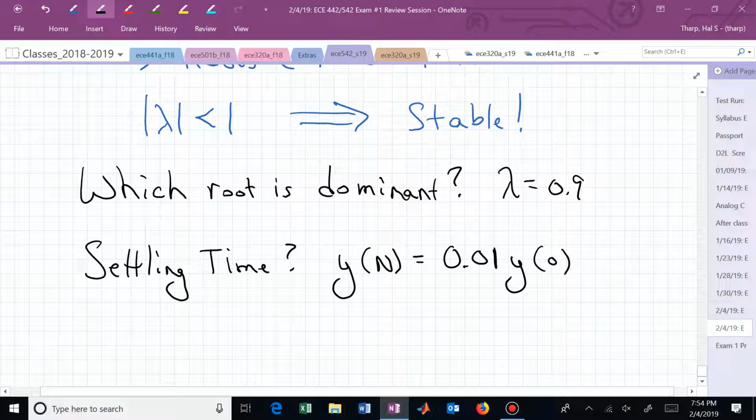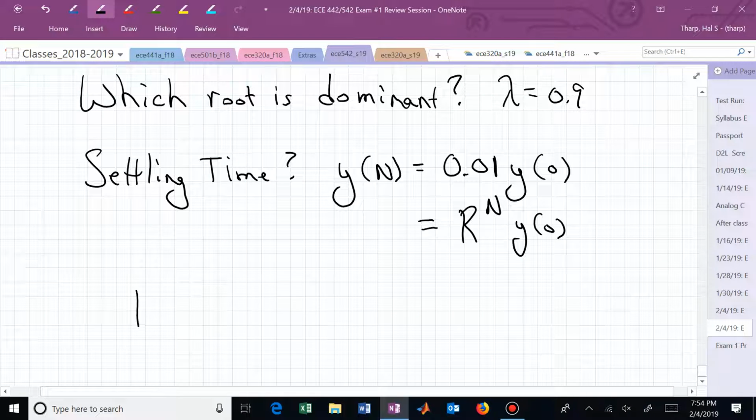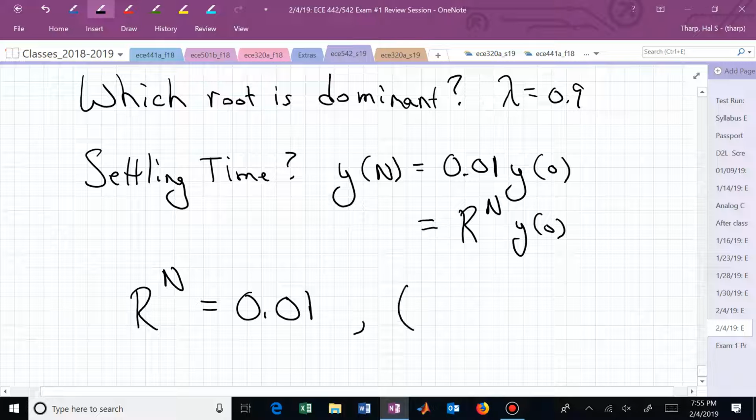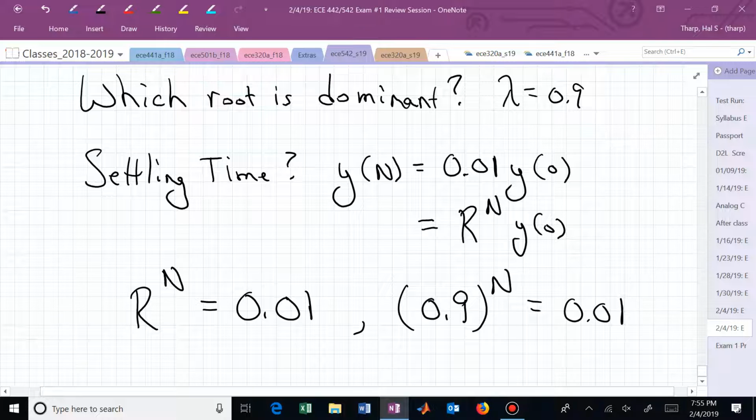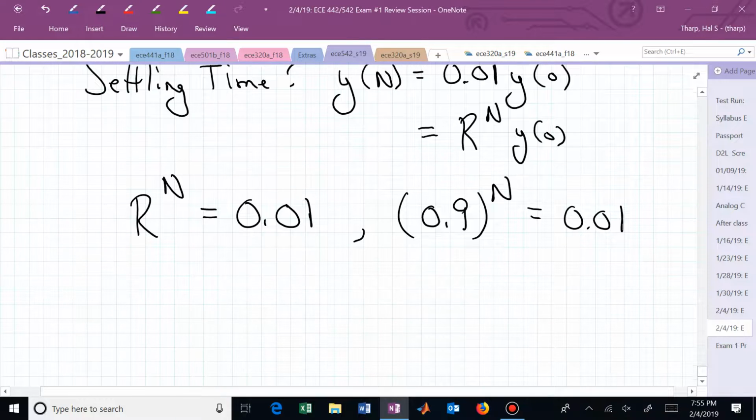relationship where now this is r to the n times y of 0. So now we have r to the n is equal to 0.01, and r was the 0.9. That was the dominating root, and we want to know what n makes that left-hand side less than or equal to 0.01.